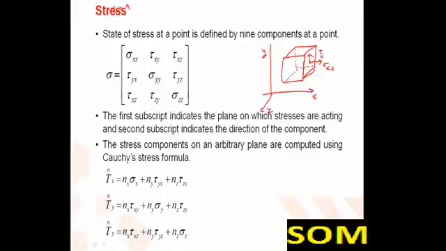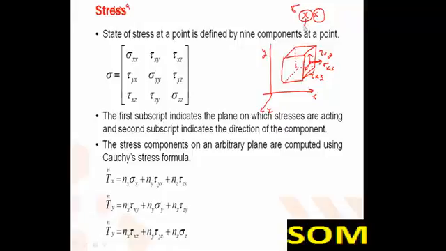at this point is tau XY, at this point is tau XZ. This is the YZ plane. It means in sigma XX, the first subscript defines the plane in which the stresses are acting, and the second defines the direction of that component.